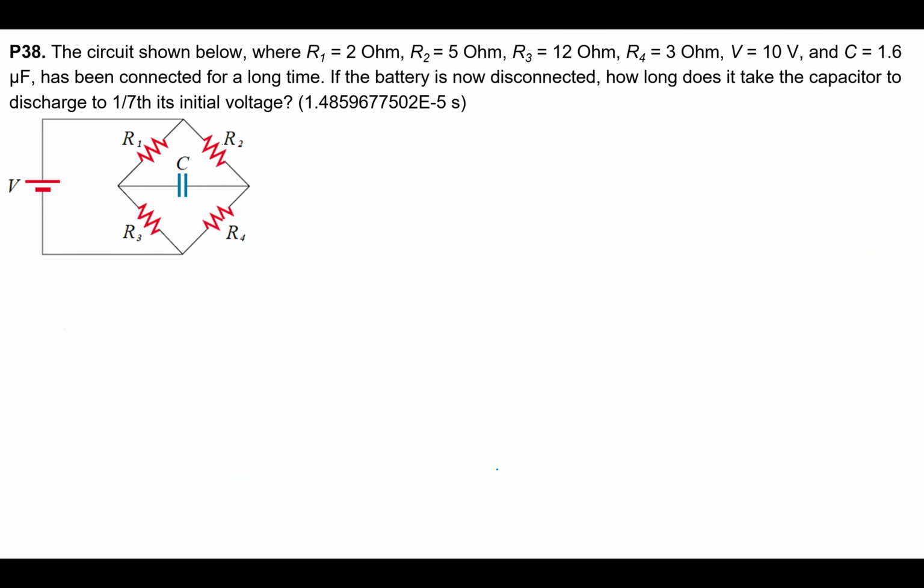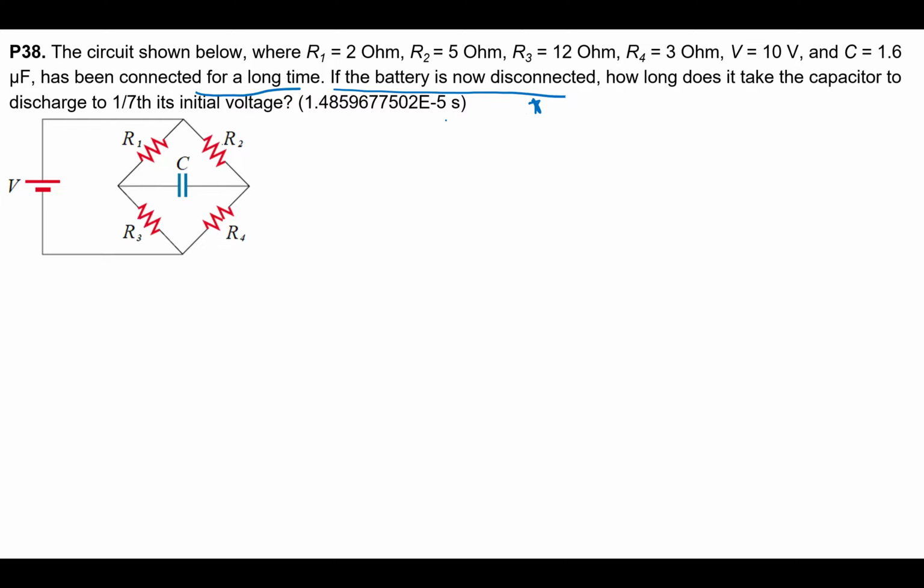And it is similar, but the condition is different. The capacitor has been connected for a long time as before, but now the battery is disconnected.